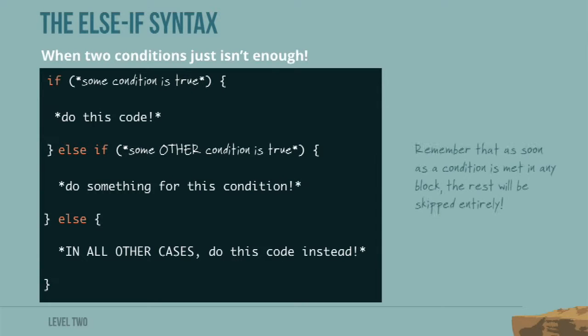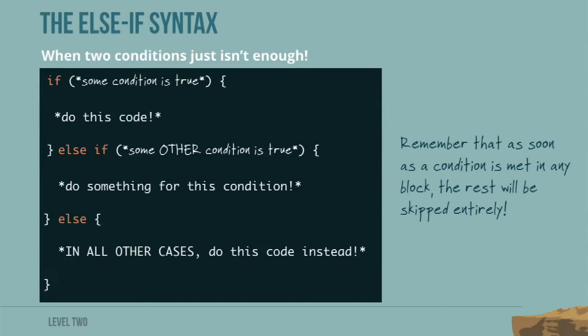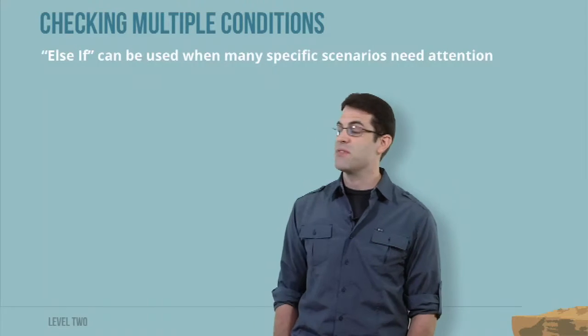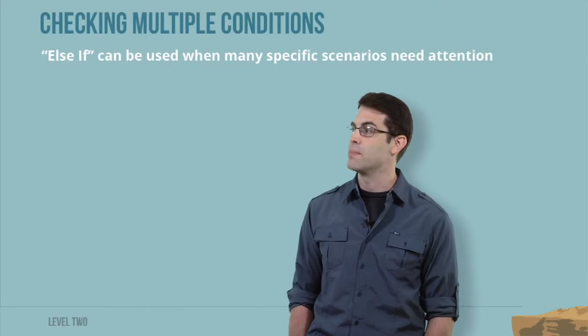Something to remember is that if any condition is ever met inside the if block or in the else if block, the else will never get evaluated. Else if allows us to check multiple conditions. It can be used when many specific scenarios need attention.